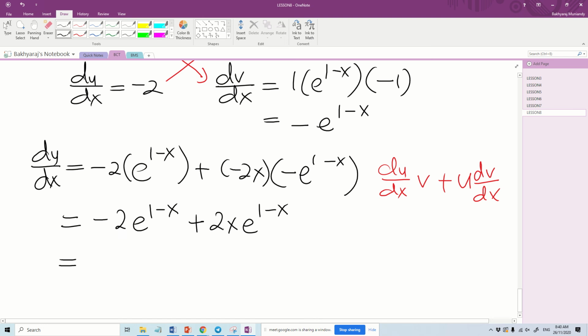Here 2, here also 2, so you can take 2 out. This one has no x, this one has x, so you cannot take out x. And we have exponent 1 minus x in two places, so it comes out. Then this will be negative 1 plus x.